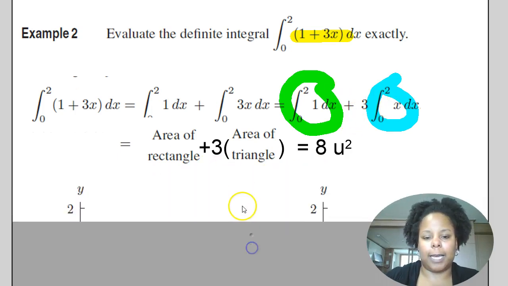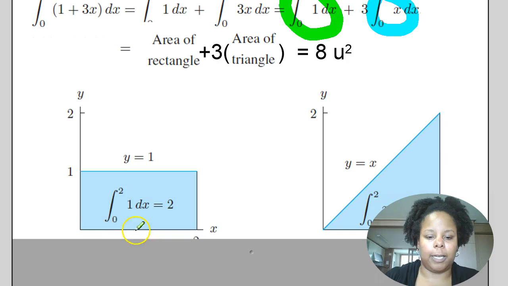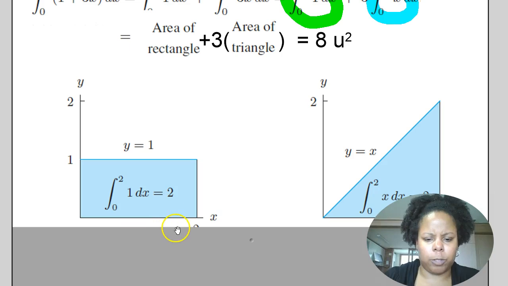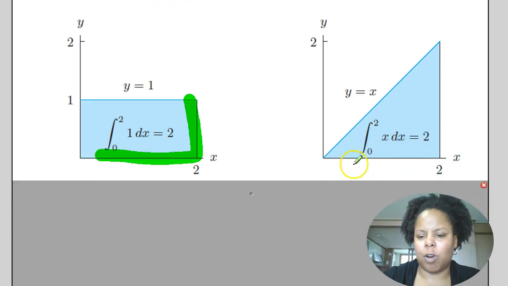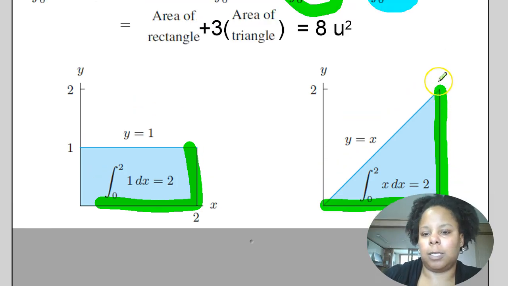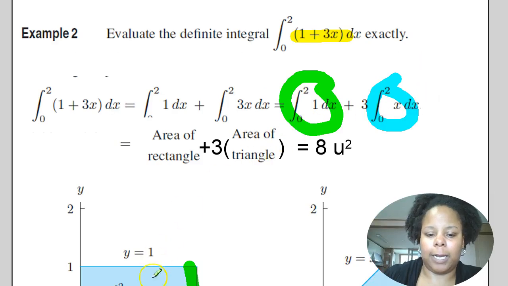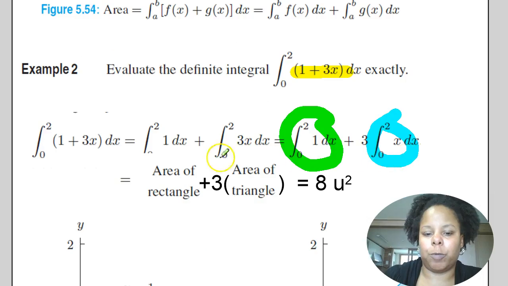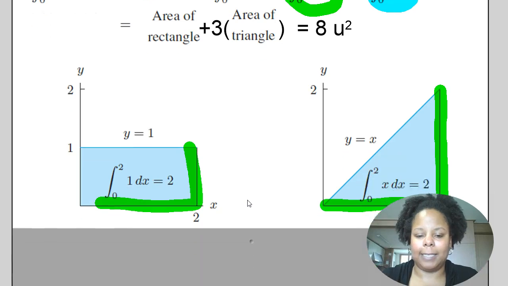In this example, the area of this rectangle is 2, because we're going from 0 to 2 and the height is 1. The area of this triangle is one half times the base, which is 2, times the height, which is 2, divided by 2. So we get an area of 2 here and an area of 2 here, but we multiply that triangle area by 3, and we get that.